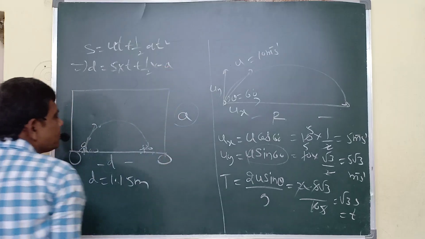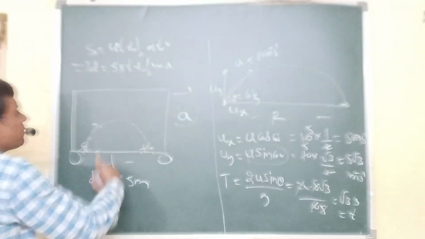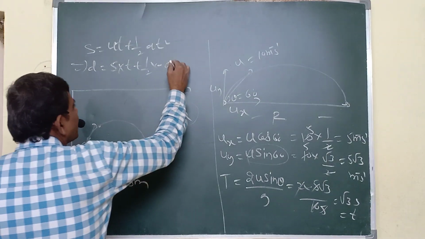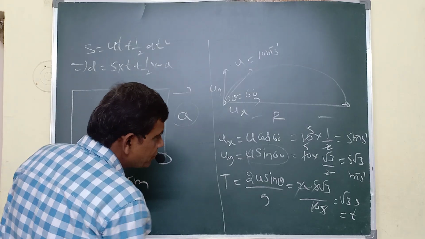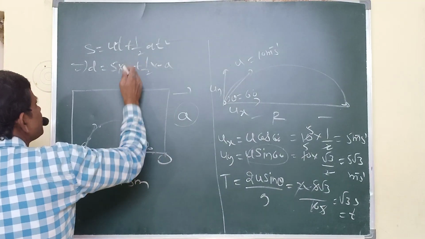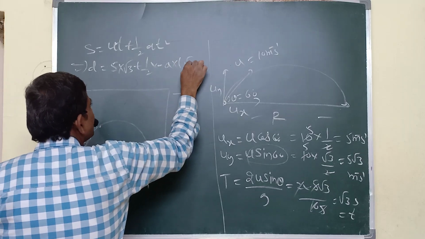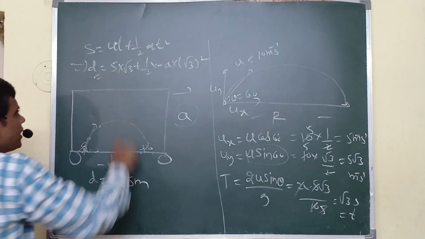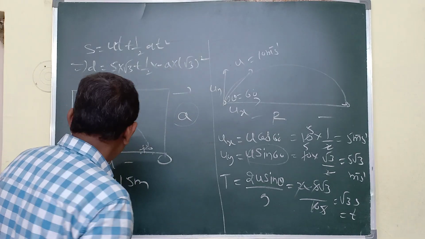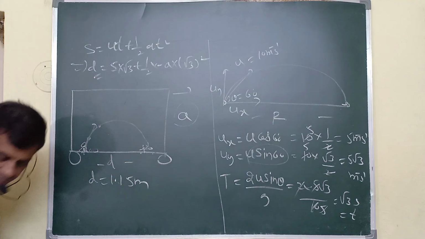Why minus a? The train is accelerating like this, so the reverse is generated, minus a, into t square. With t equal to root 3, we get 5 into root 3 plus half into minus a into root 3 whole square. This distance is given as 1.15 meters.